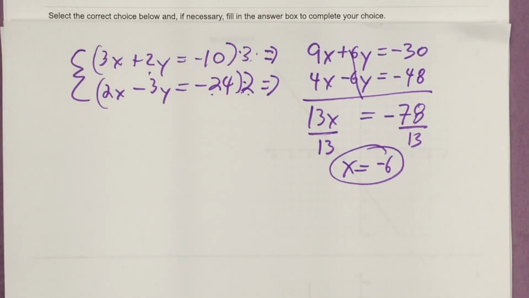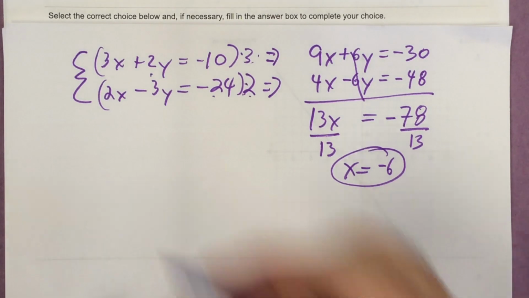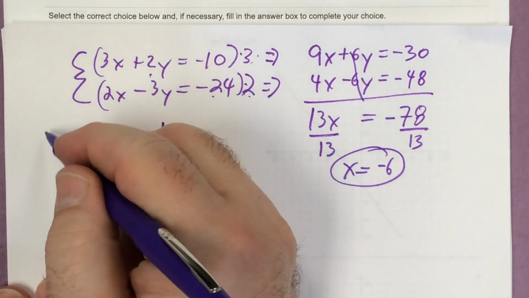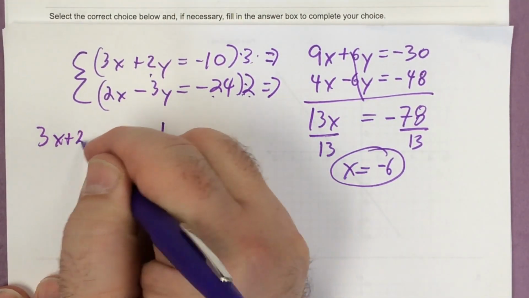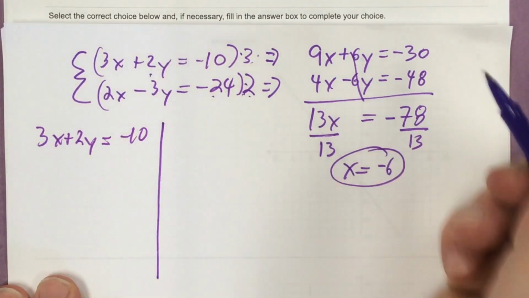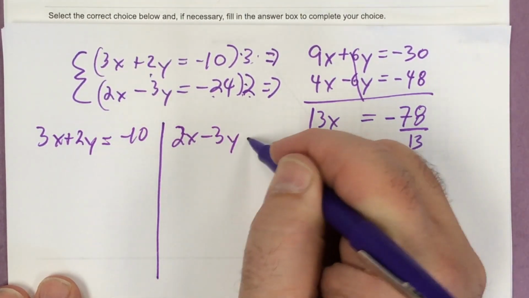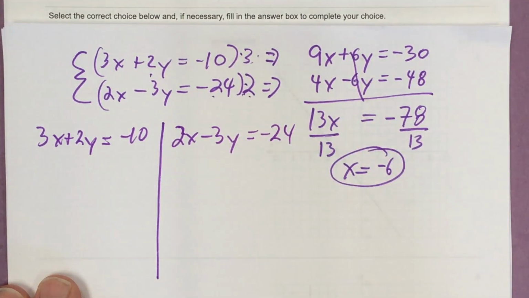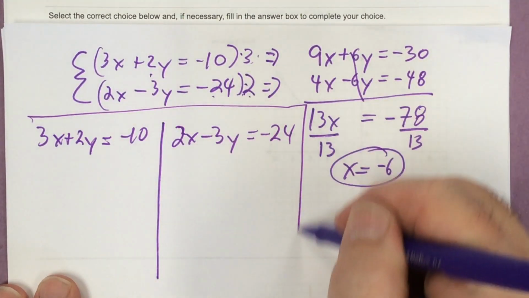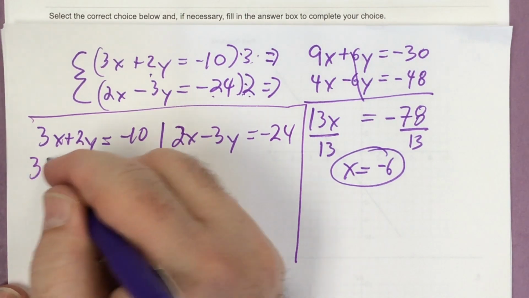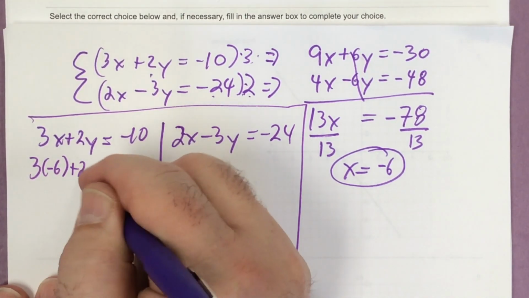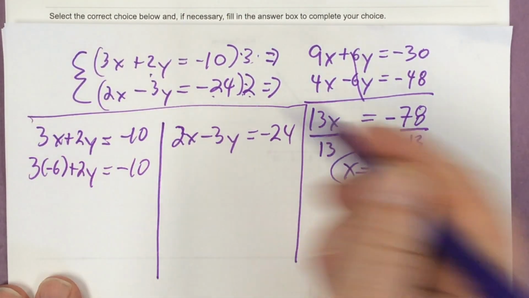So I'm going to put that value of x equals negative 6 into both equations and see if I obtain the same value for y. Let's see. So I'm going to have 3x plus 2y equals negative 10. Then I'll have 2x minus 3y equals negative 24. So this is going to be 3 times negative 6 plus 2y equals negative 10.